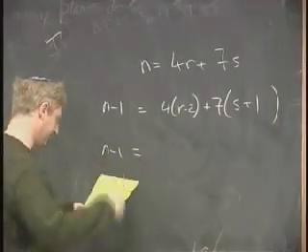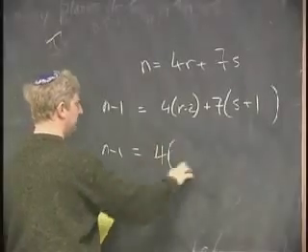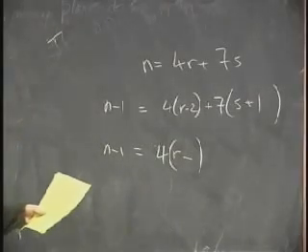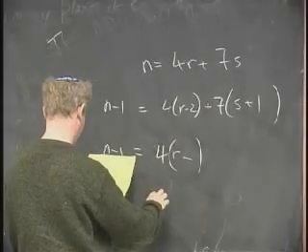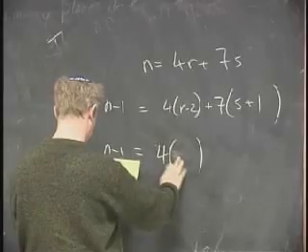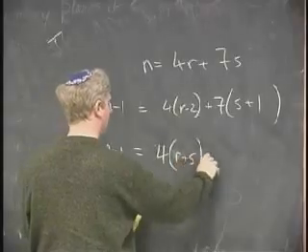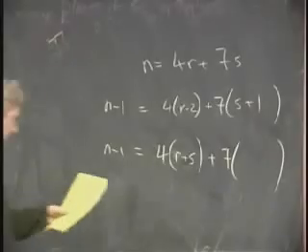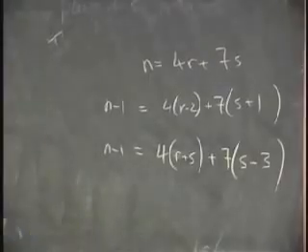What happens to the next one? 4 times r plus 5 plus 7 times s minus 3.